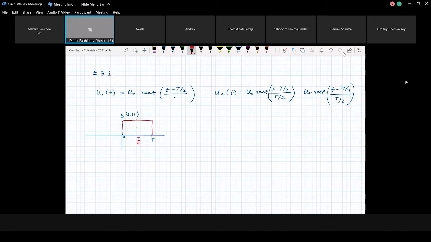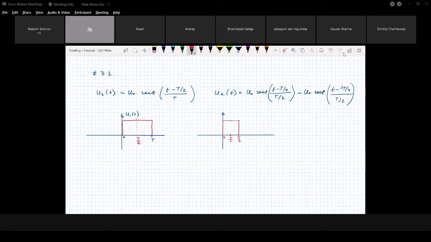And for the second signal, we have 2 rectangular pulses. First, we say that the first one is centered at T/4, and it has width T/2. So we can conclude that it goes from 0 up to T/2.